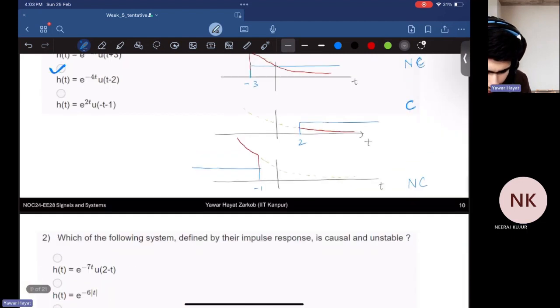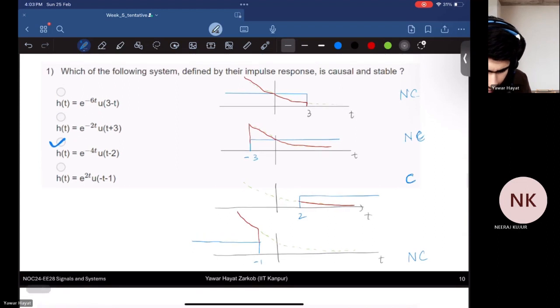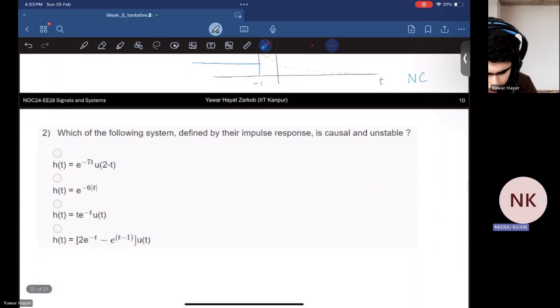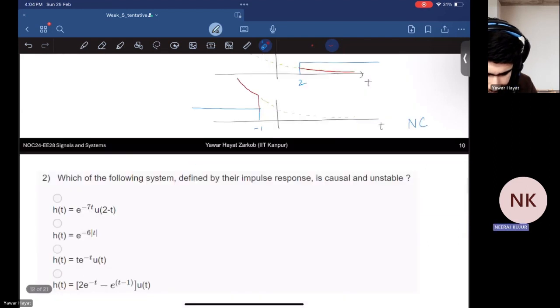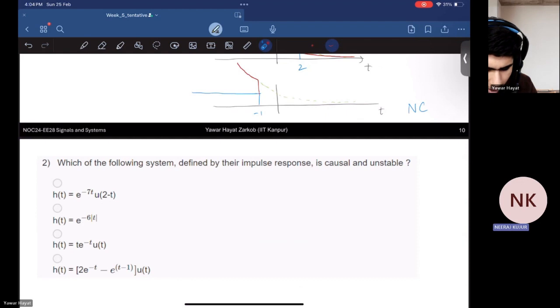It is similar to this case, right? Sir, there you have written u of 3 minus t in the form of u of minus bracket t minus 3. Then similarly in this case, if we write it.